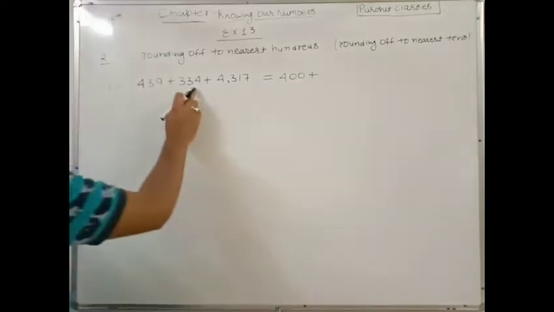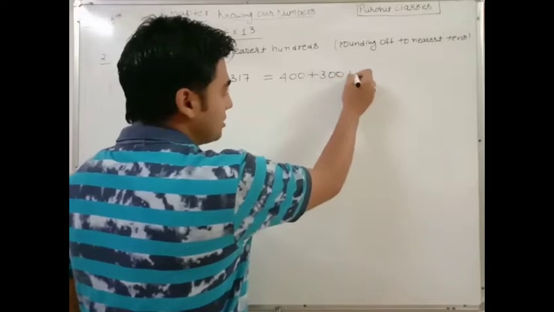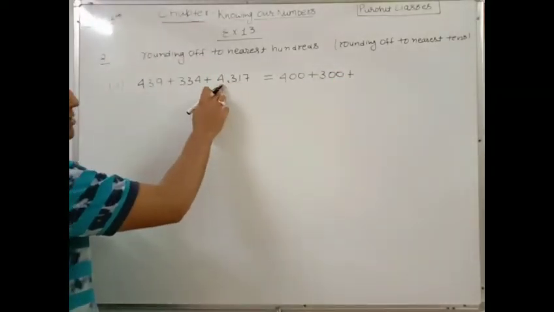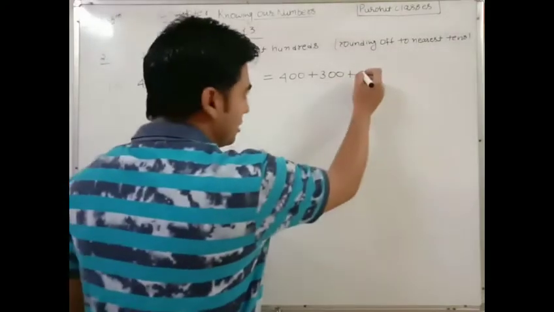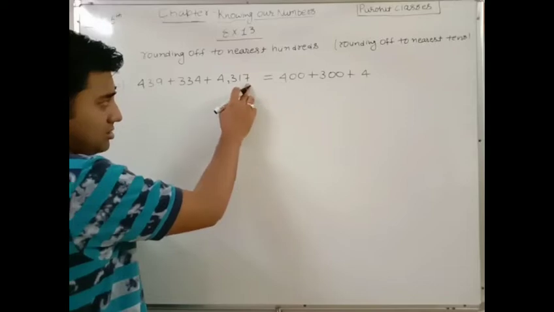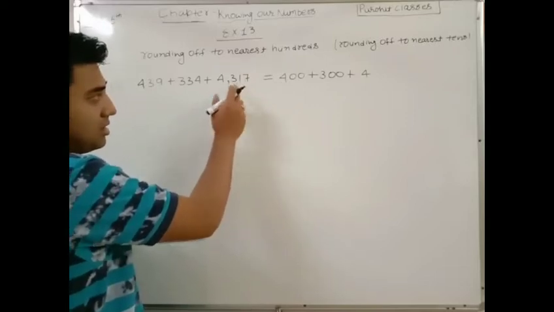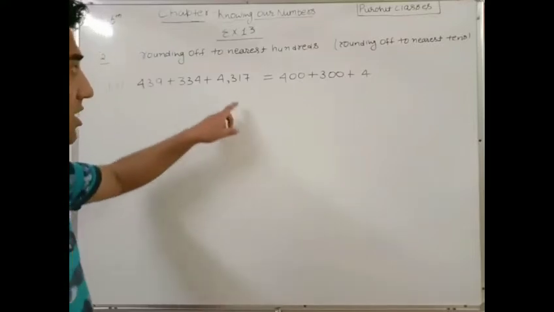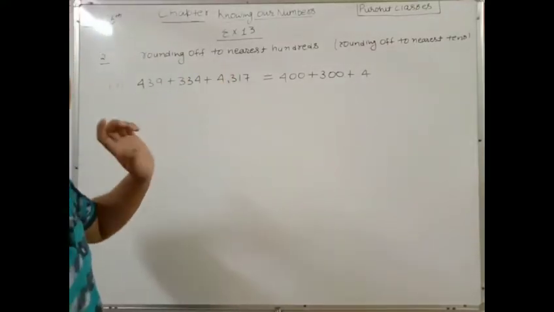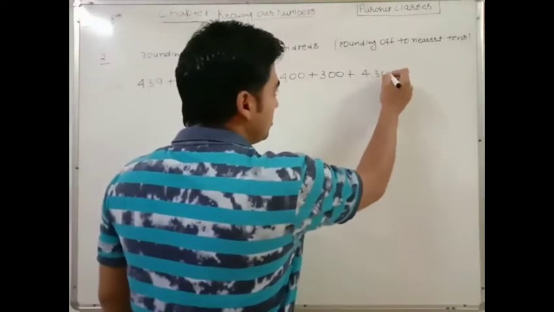Plus this will be 300, and plus this will be, we have to round off only up to the ones, tens, hundreds place, so there will be no change in the greatest place. This will be 4, the last two digits will be 0, and since the digit next to the place we have to round off is less than 5, there will be no change in this digit, so this will be 4300.